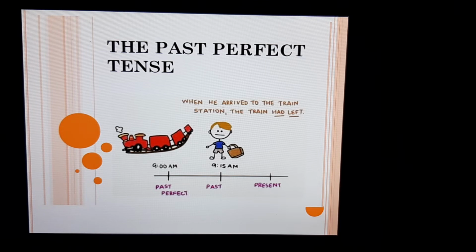The train had left because left is the first verb. So I put had, and the verb is leave. Leave in the past is left, in the participle also it's left. And the second verb is arrive. We put it in the past, so it's arrived. We just put d because the verb ends with e.